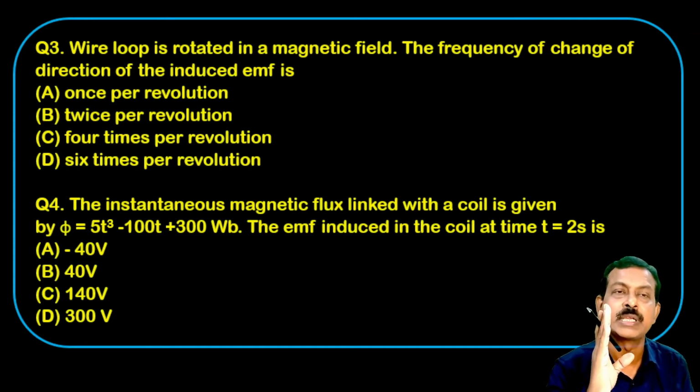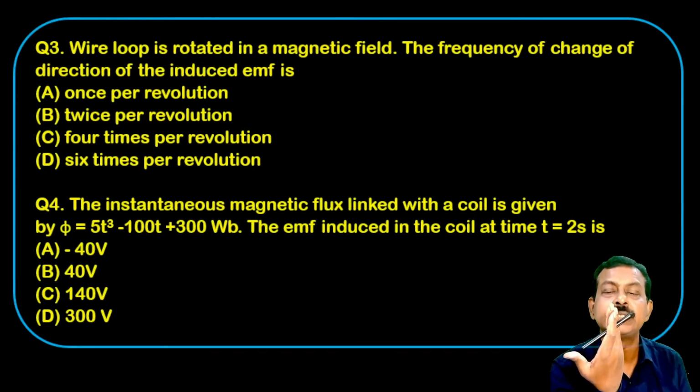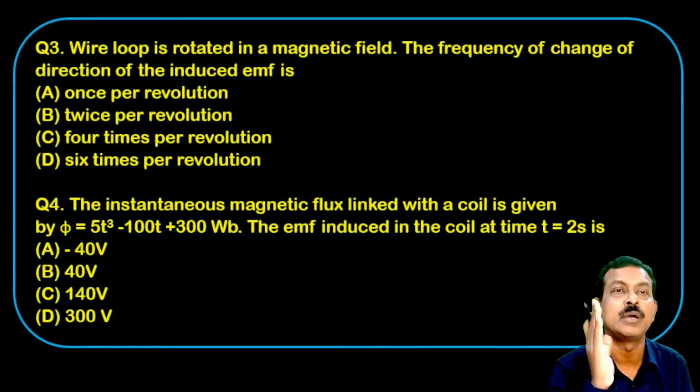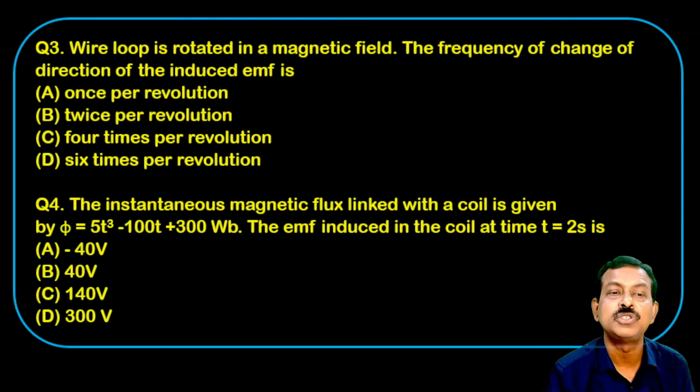If you rotate it, after half a rotation it will again be perpendicular, and in one full rotation it will once again come to the same orientation. So it is coming to one particular orientation twice. So the frequency of change of direction of the induced current will be twice per revolution. So this is the correct option, not once, not 4 times, not 6 times, it is twice per revolution.